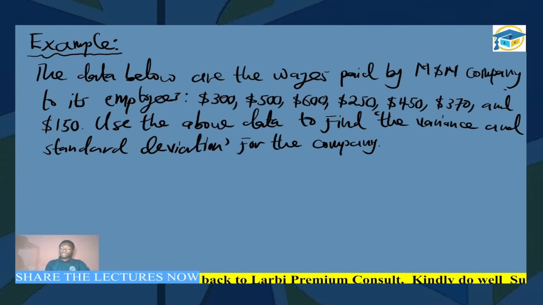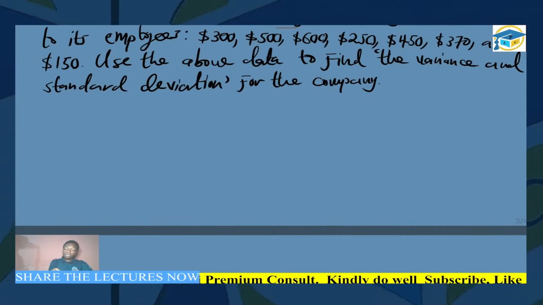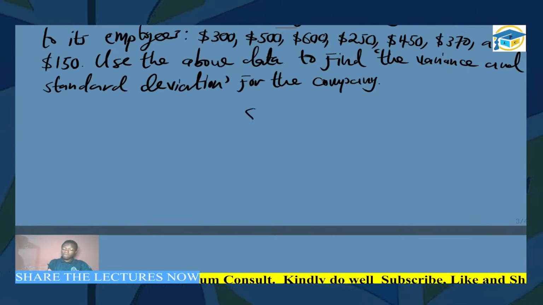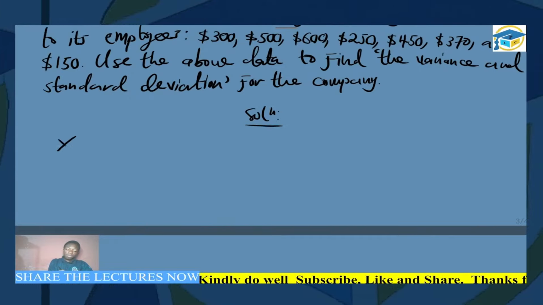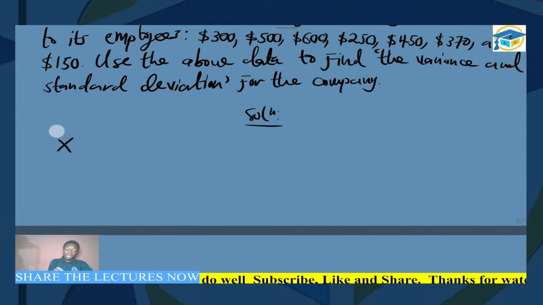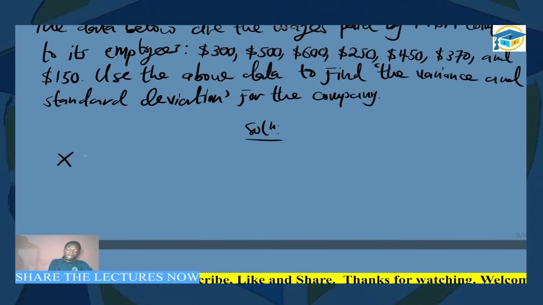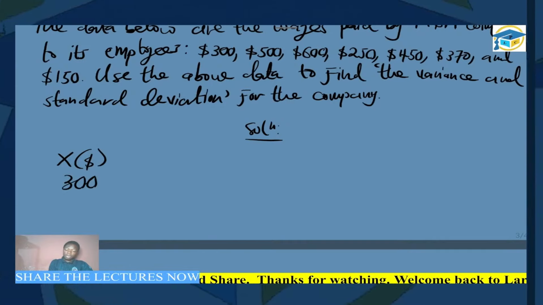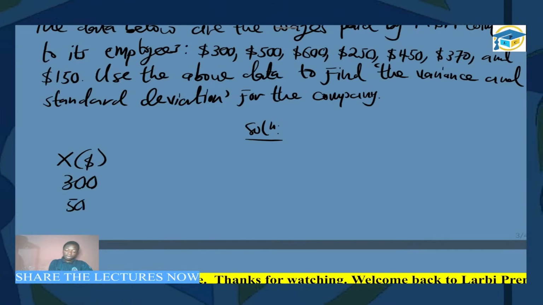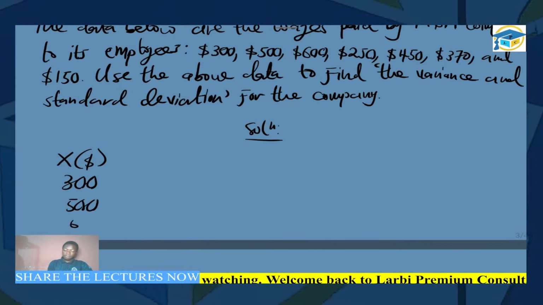Well, we first of all need to have a column representing the data. So that's going to be column X. So in our solution here, we're going to have column X, and X in dollars is going to include 300, 500, 600.